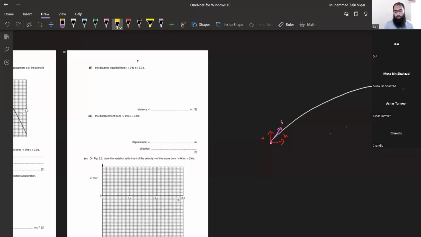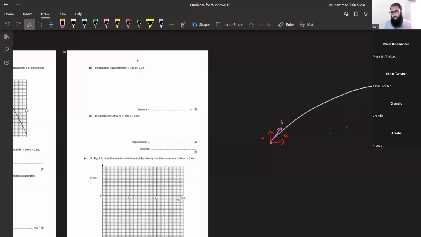And as for my vertical velocity, it experiences an opposing force, which is gravity. So the object is supposed to move upwards because of this projectile. The motion is upwards, but there's gravity acting downwards, so it decelerates the object and reduces its motion. So velocity decreases, till eventually there comes a point on the projectile where it becomes 0.